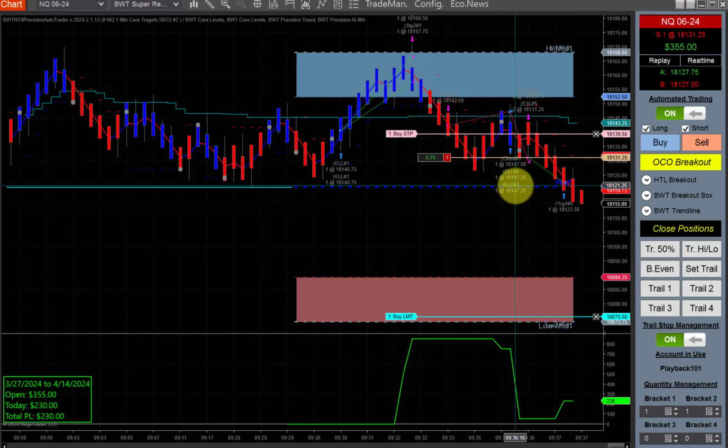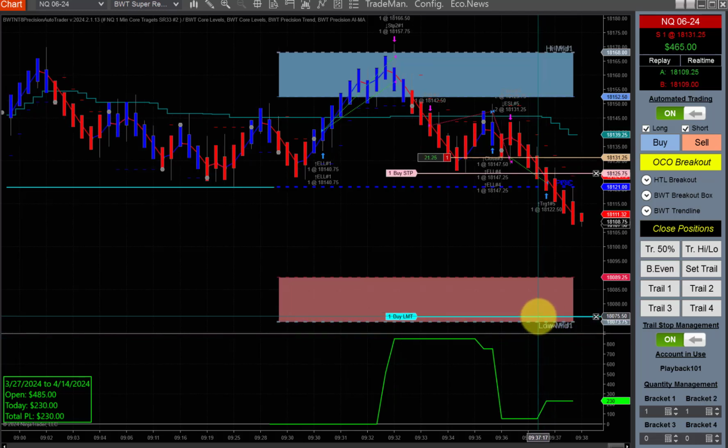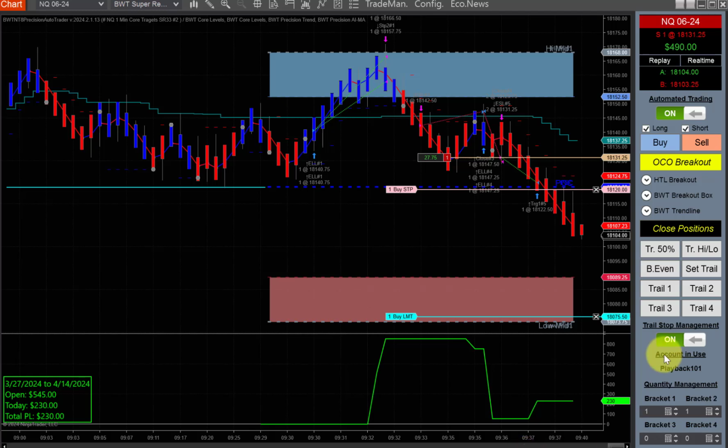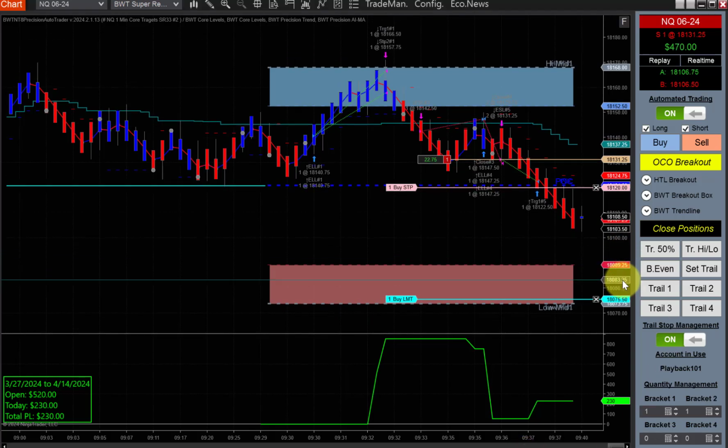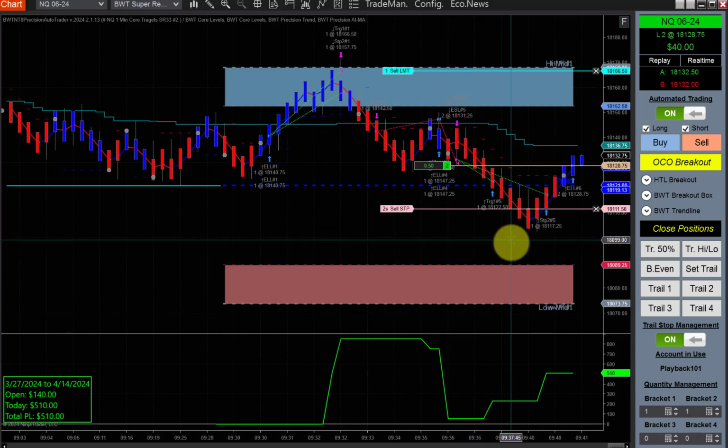So you can see that target was at the core level, and the second target is down here at this core level, and I have about a 6-tick offset from the core level. So it could be 6 ticks, or it could be 25 or 30 ticks if you like. But I think trailing stops are really important.